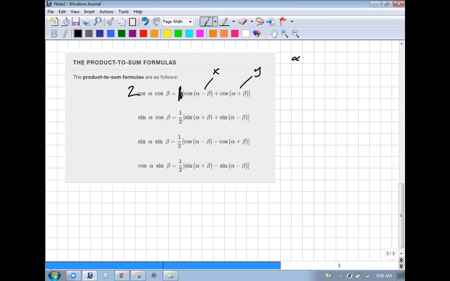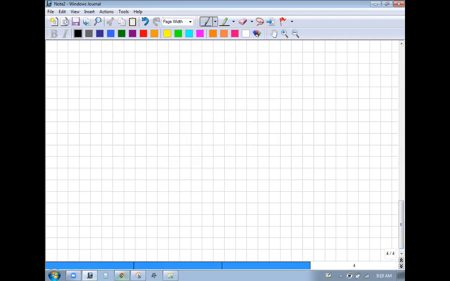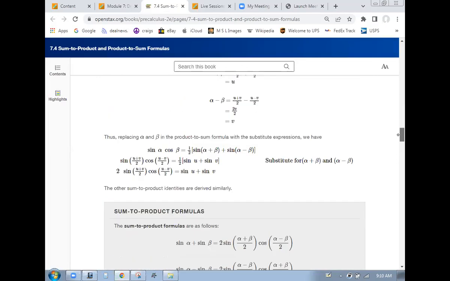If alpha minus beta is X and alpha plus beta is Y, and I add these together, I have 2 alpha is that. So if I call this angle X, then alpha becomes all this. So we just rename the angles, and at that point we don't want to use X's and Y's, you can call them alphas and betas. And you get the sum to product, which are here.